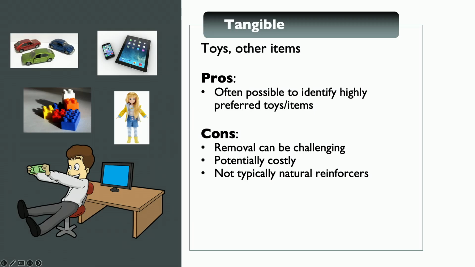Potential cons include that the removal of highly preferred items can be challenging, and if they're not removed, they could be distracting. They are also potentially costly and not typically naturally occurring or age-appropriate in some cases.